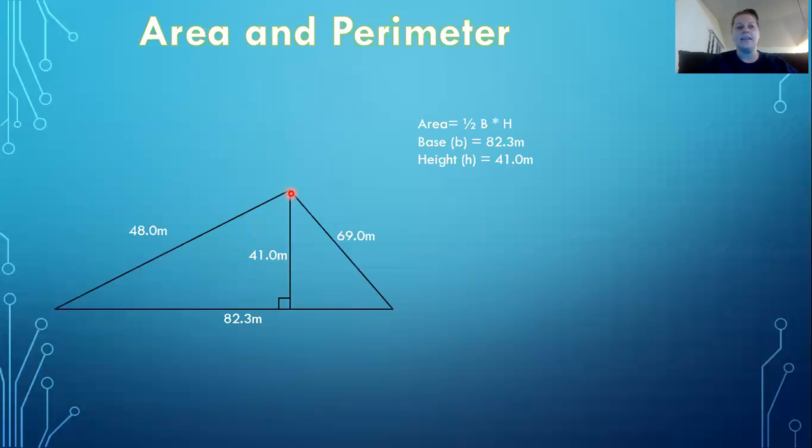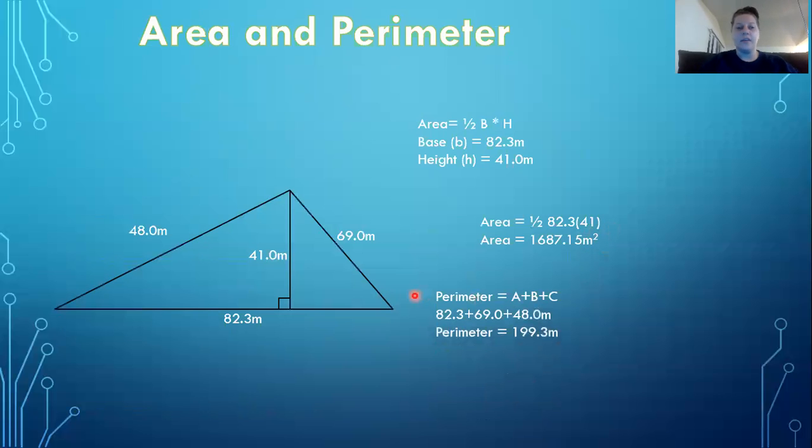You start at the highest point and draw a straight line to the base where it makes a right angle, and that will be where our height is. So our height is 41 meters, which is already given to us. So we are going to plug these in, and it's going to be 1/2 times 82.3 times 41, and it comes out to 1,687.15 meters squared, because area is always your measurement squared.